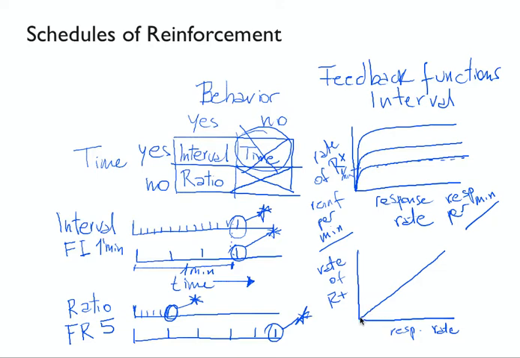And the different schedules may be represented with different slopes of this curve. That's a critical difference between interval schedules and ratio schedules. And notice one thing that's really important: the feedback functions and the schedule itself do not say anything about how the animal should respond or how the animal will respond to the schedule.